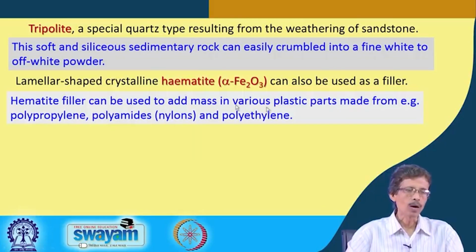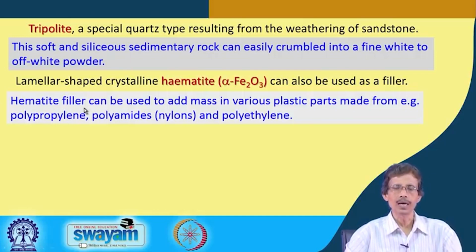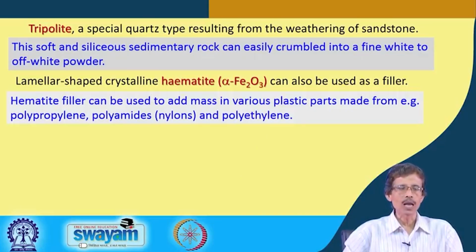Likewise, we can add hematite as a filler to other plastic materials like polypropylene, we know PP is the polypropylene polymeric material, then polyamides also, the nylon 66 we all know, and polyethylene, we know the ethylene material. These three categories can be used along with some hematite filler such that you can have a composite type of material, and it can increase the strength of the material for different types of use.